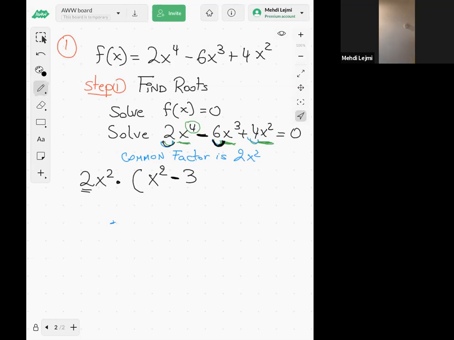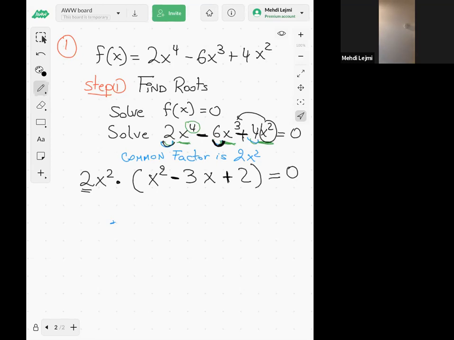Then there's an x cubed, right? You pull out x squared, you take the difference between 3 and 2, which is 1, so it's x to the power 1. And then plus 4, factor out 2, so 2 is left here, 2 times 2 is 4. And you factor out x squared, right? So it's just plus 2 here, equal to 0.